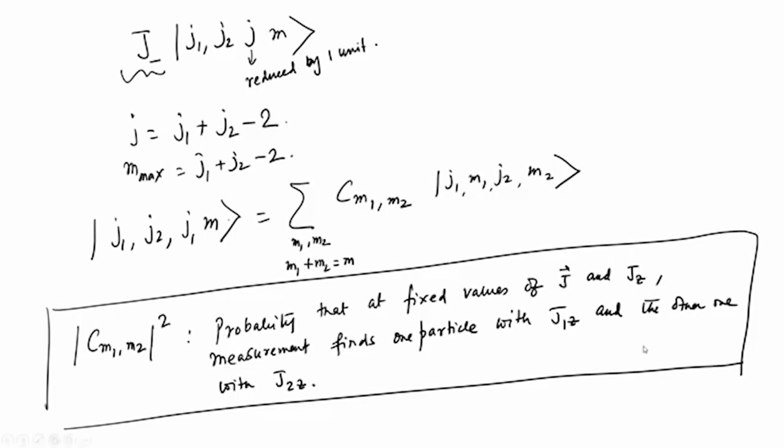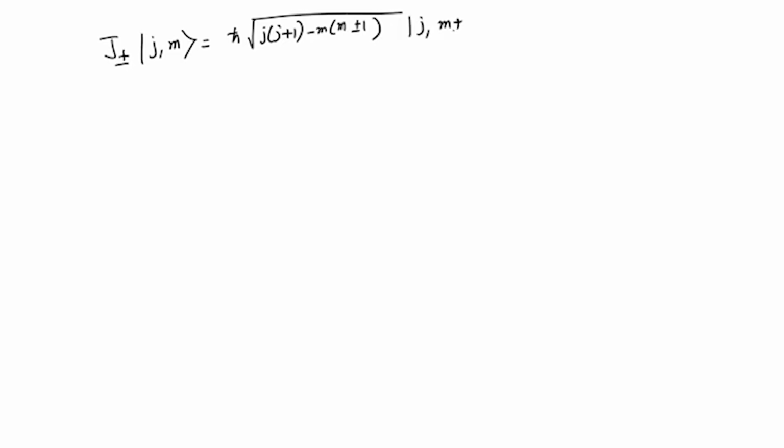So, let me give you an example. Before that, let me write down J plus minus, which I may not have written earlier, but you can find it in any book. It is h cross times the square root of J into J plus 1 minus M into M plus minus 1, times the state J, M plus minus 1.